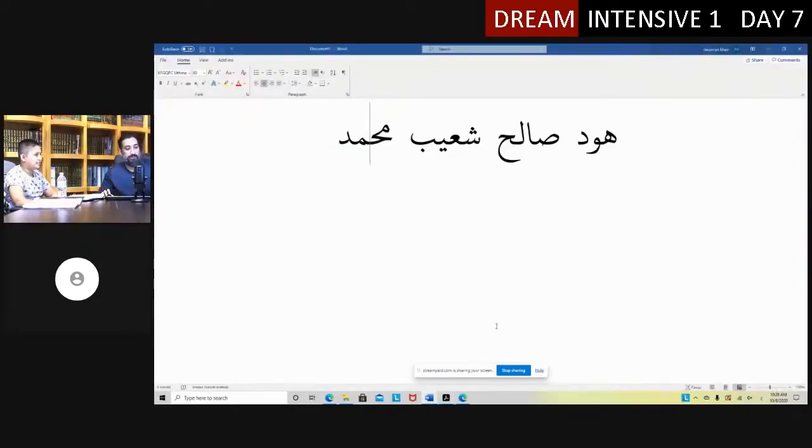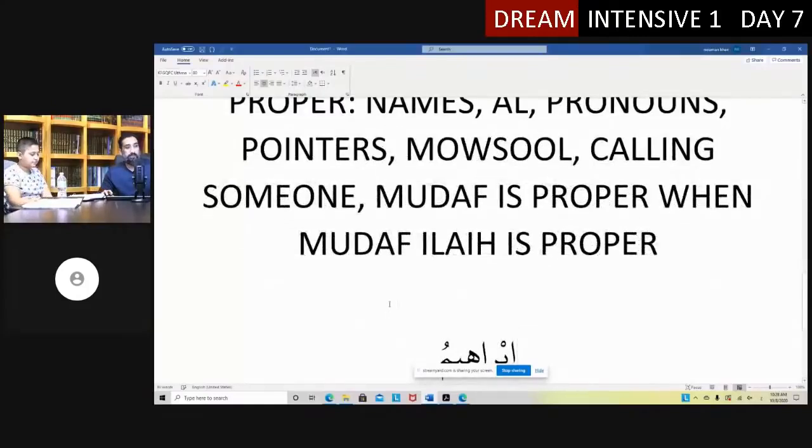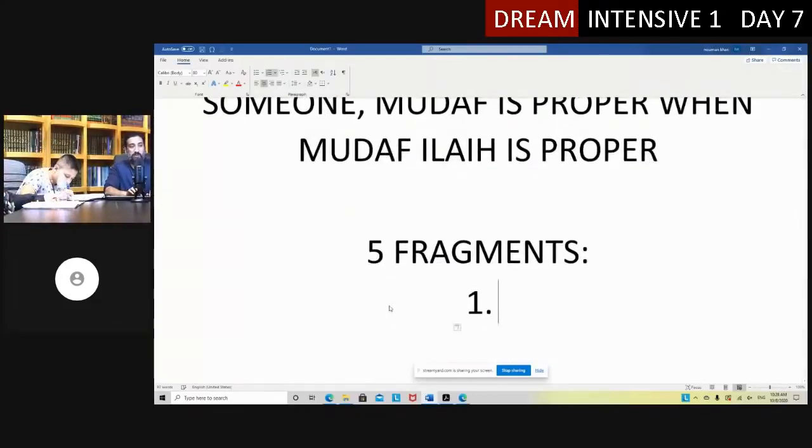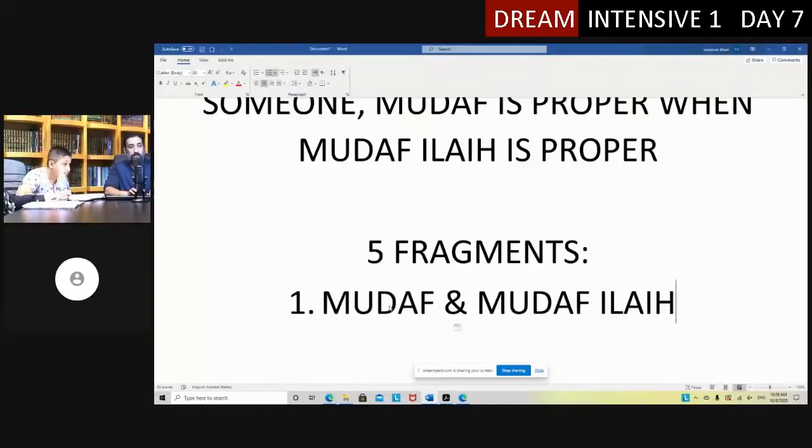Anyway, let's go back. Are you done writing that down? Okay. So when our 4 properties were done, we moved on to the 5 fragments. In the 5 fragments, the first one we did was mudaf and mudaf ilayh. A lot of you are from the Indian subcontinent, from Sri Lanka, India, Bangladesh, Pakistan, etc. If you are from South Asia, you say muzaf and muzaf ilayh.